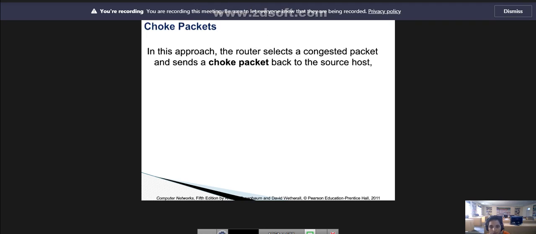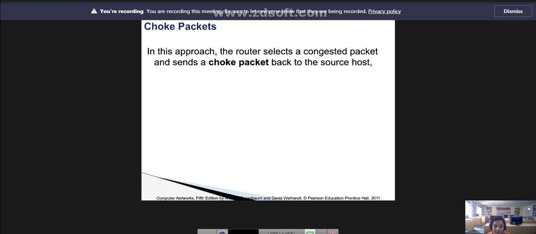Okay, next one, choke packets. The most direct way to notify a sender of congestion is to tell it directly. In this approach the router selects a congested packet and sends a choke packet back to the source host, giving it the destination found in the packet.